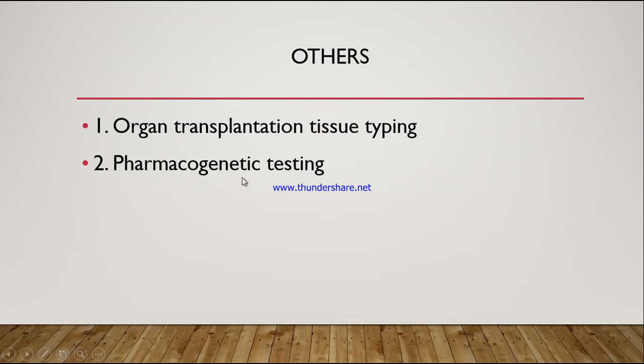And last is pharmacogenetic testing. This is helpful for pharmacy, trying to find out which medicine will be helpful to decrease genetic disorders, what dose, or what chemicals are required. These are all in pharmacogenetic testing. So these are some of the other miscellaneous types of genetic testing.